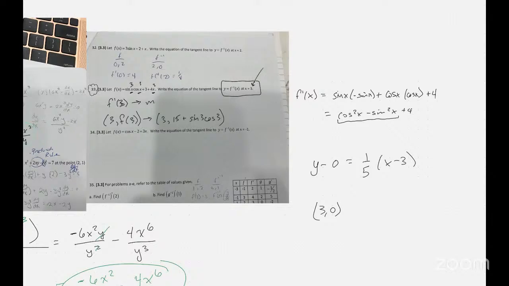We're going to plug in at x equals 3. What's the equation of the tangent line to y equals the inverse at x equals 3. And I think that's what she's asking you to do. What's that one formula that you have about the inverse? The derivative of an inverse?